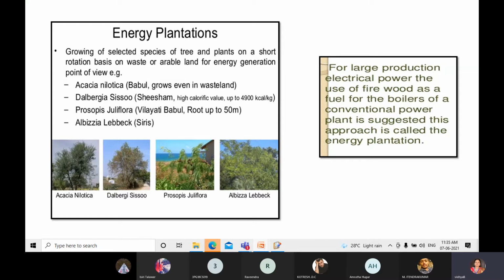This approach, which we suggested, is called the energy plantation.